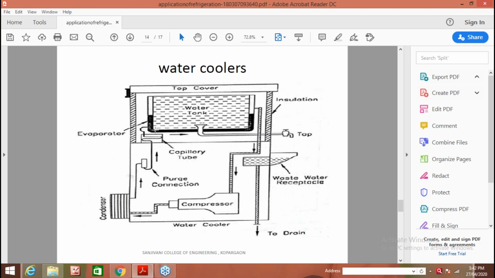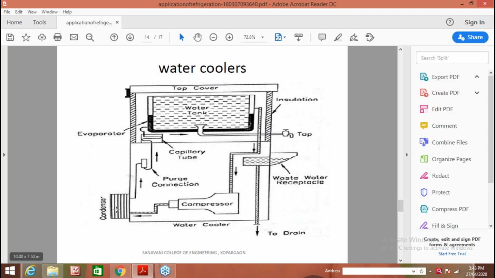Refrigerant which is flowing through the evaporator takes heat from this water. Now water becomes cool, and the refrigerant becomes vapor. That vapor refrigerant goes to the compressor where it is compressed to high pressure and sent to the condenser. In the condenser, it rejects its heat to the atmosphere. That means atmospheric air will flow over this condenser just like in the domestic refrigerator, and it takes heat from this vapor refrigerant. So vapor refrigerant becomes liquid refrigerant.